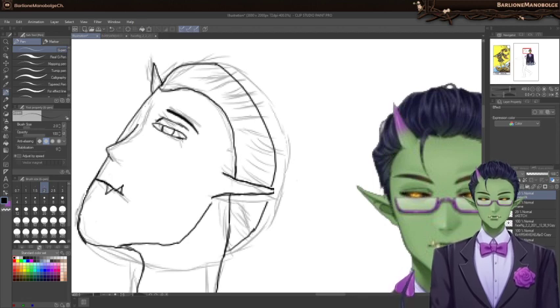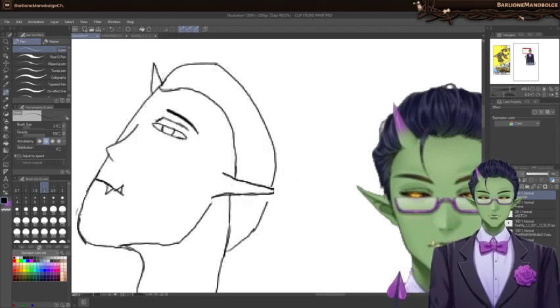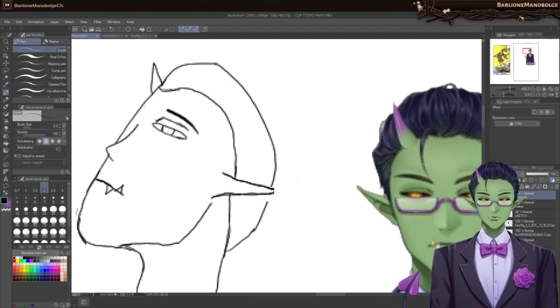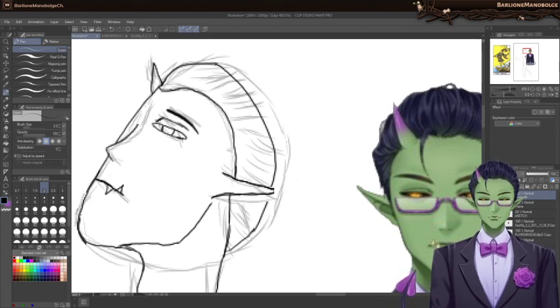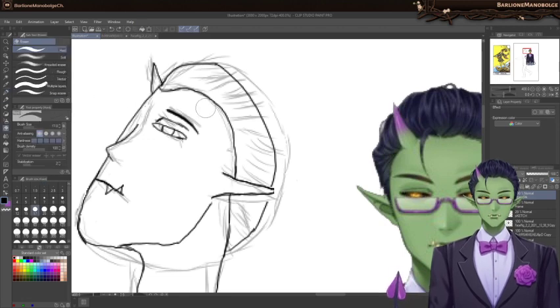Not quite satisfied with how that looks, I don't think. Could be worse. Okay. Perhaps the hairline could be cut in a bit more.